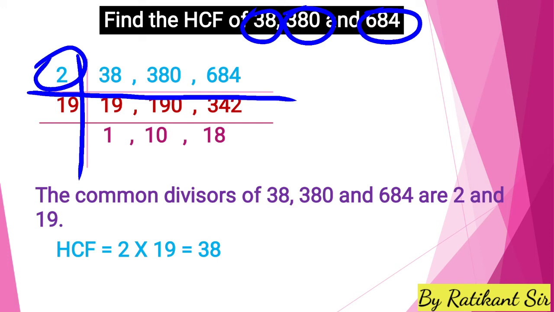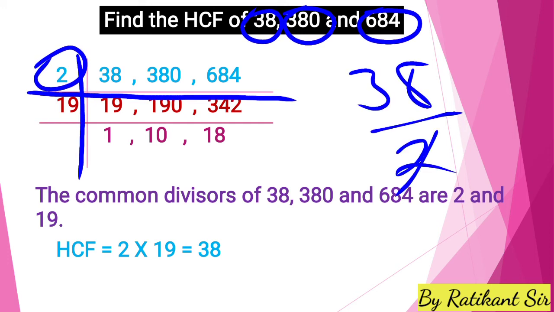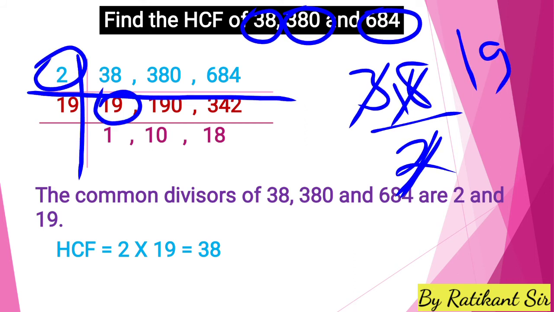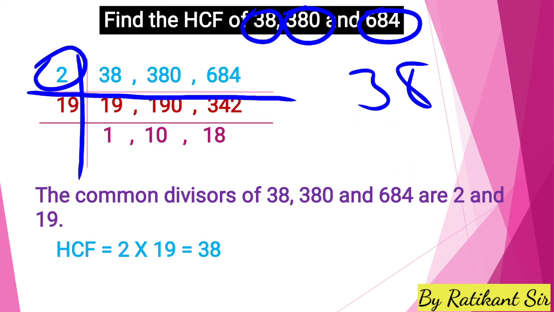So 38 is divisible by 2. How? 2 ones are 2, 2 threes are 6, wait, 2 ones are 2, 1 is remain, so I have to write here 1. 2 nines are 18, so 19 is there. It means I have to write here 19. Clear?